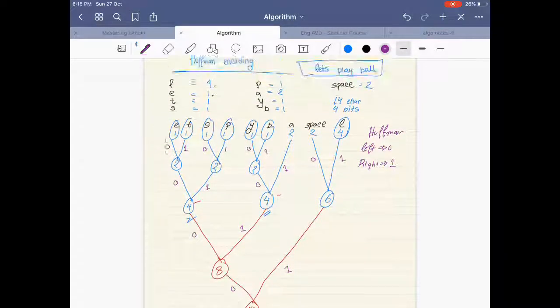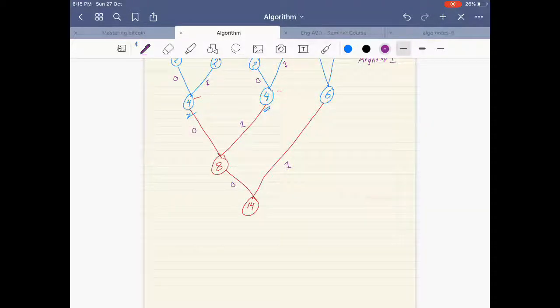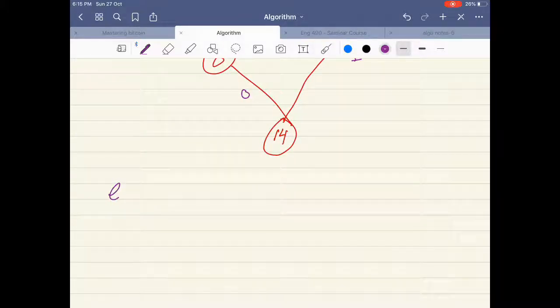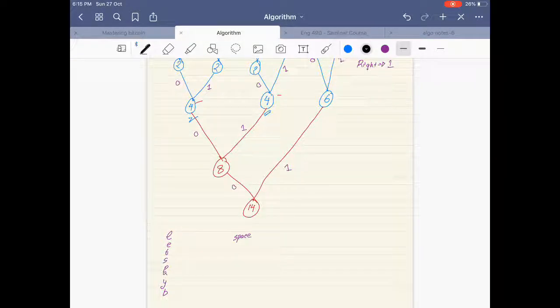Now let's try to do the encoding. So how do we do that? We have to write all the characters down. So we had L, E, so these are all the characters that we had. Now we have to look into the tree to find the particular bits that represent that particular character.